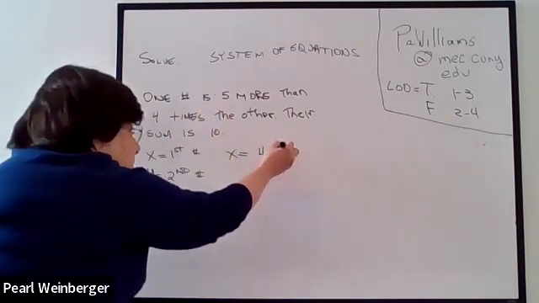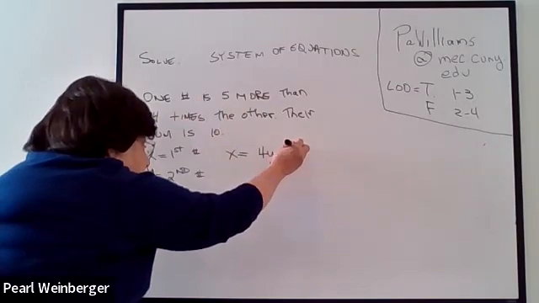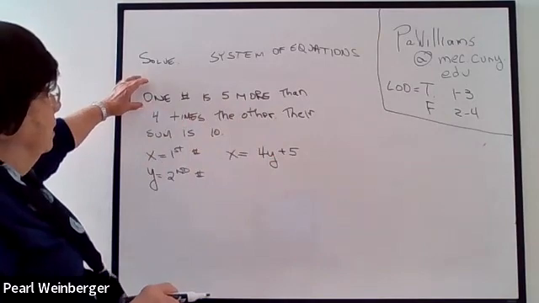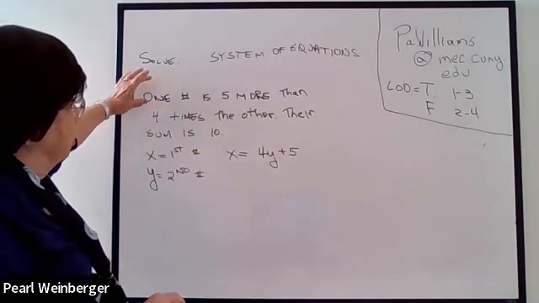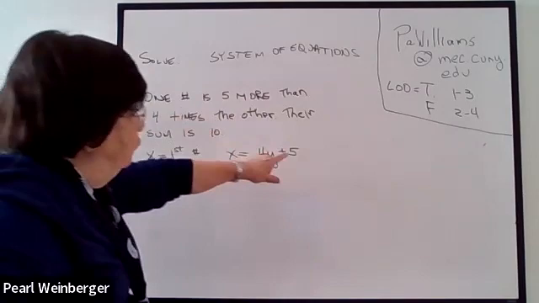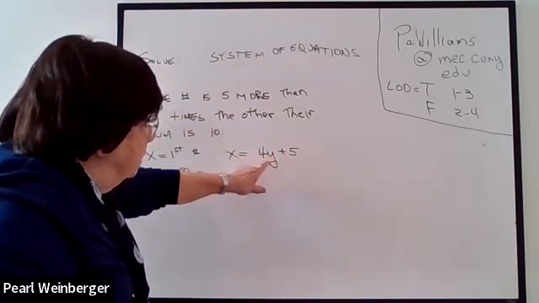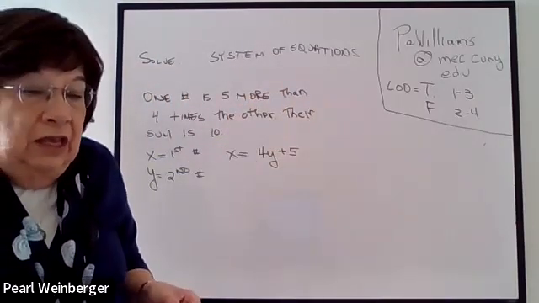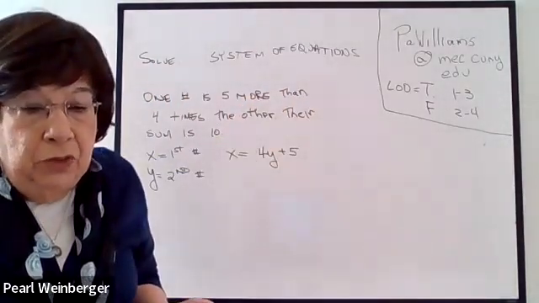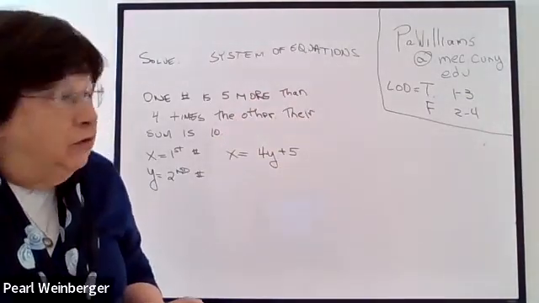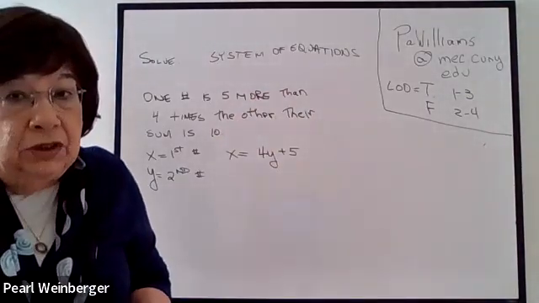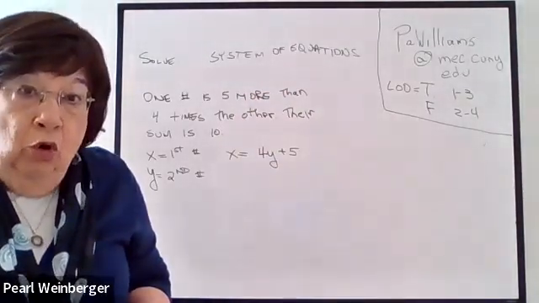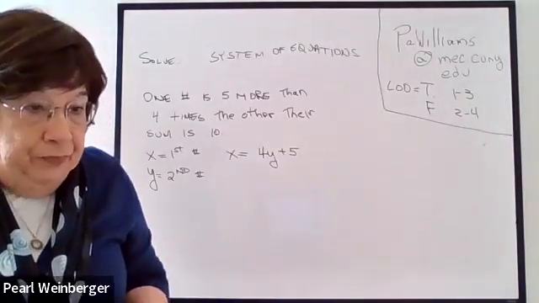And it's 5 more, plus 5. x equals 4y plus 5 is the algebraic interpretation of one number is 5 more than 4 times the other. Notice I added 5 at the end. When you're adding, if you would have written 5 plus 4y, of course that would have been correct, because there's no difference between 4y plus 5 or 5 plus 4y.